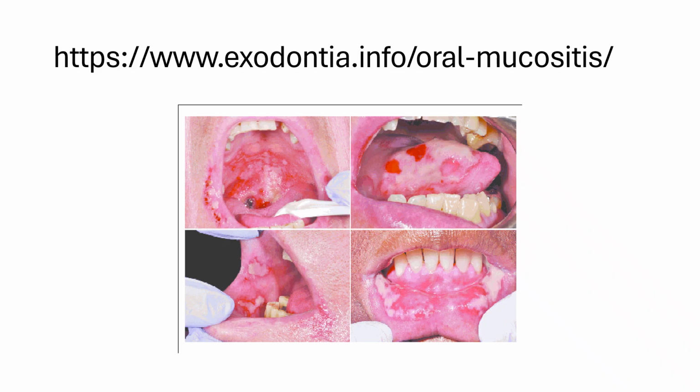This is a severe case, but it could range from just redness and pain in the mouth to some white coating on the tongue or sores like this. So you really don't want to get to this point, because when you see this, nutrition and hydration will be a problem if you experience mouth sores such as this.